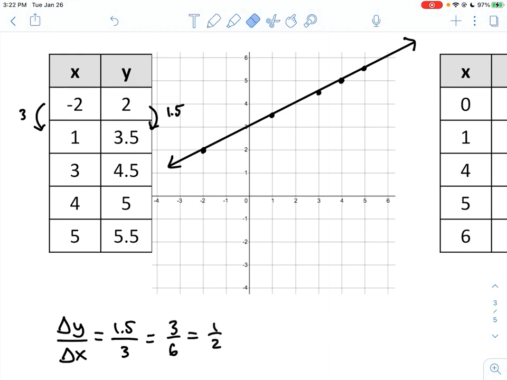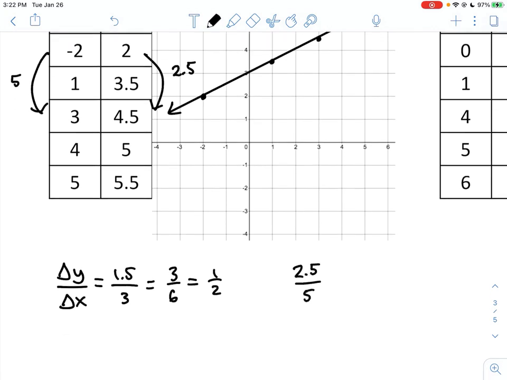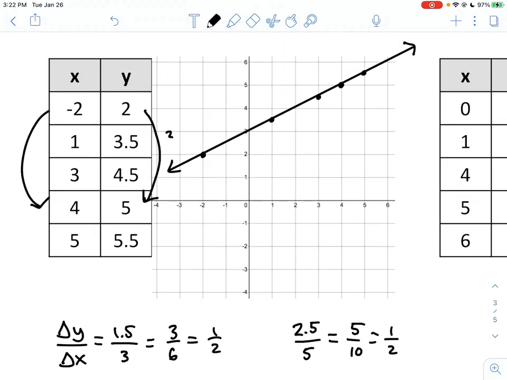You want to determine whether that seems to be true between all possible pairings of points. So let's go from this delta x and this delta y. To go from 2 to 4.5, we gain 2.5. And to go from negative 2 to 3, we gain 5. Delta y over delta x, 2.5 over 5. Double each, simplify. Yeah, this is still a half. Keep it up. So we go from 2 to 5, that's a gain of 3.